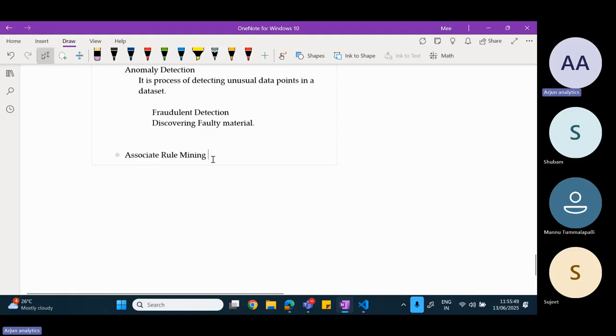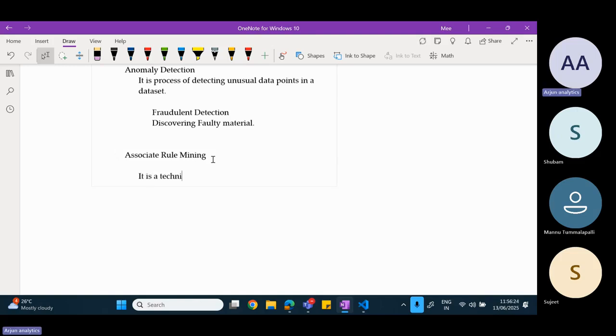Now, association rule mining is a technique which helps us identify the relationship between different items, products or objects.